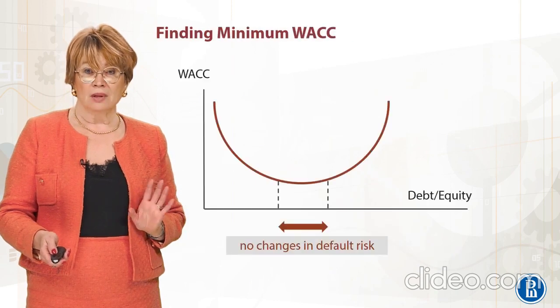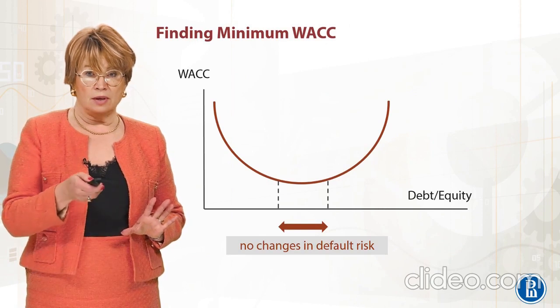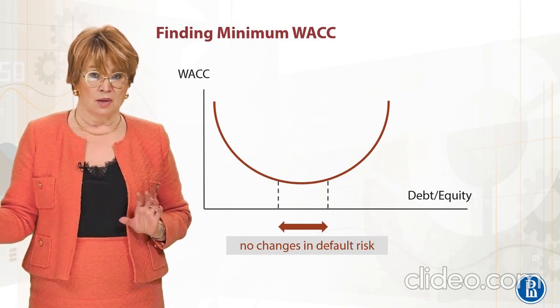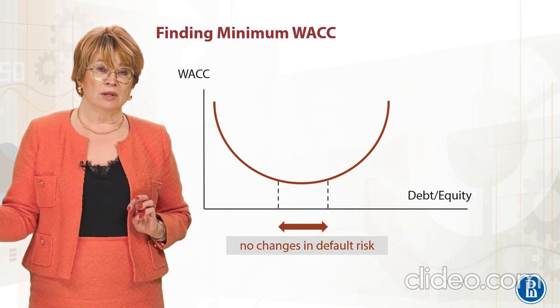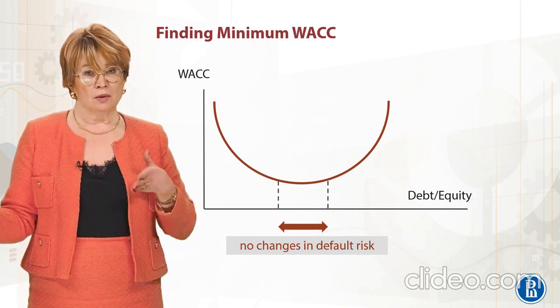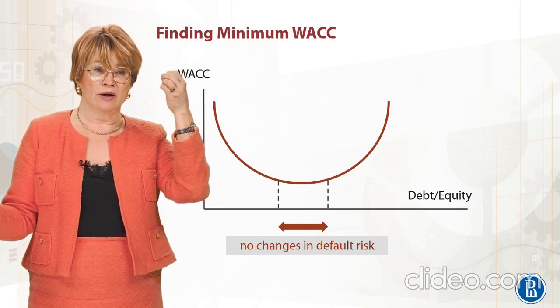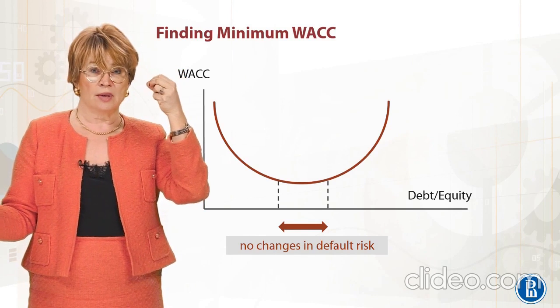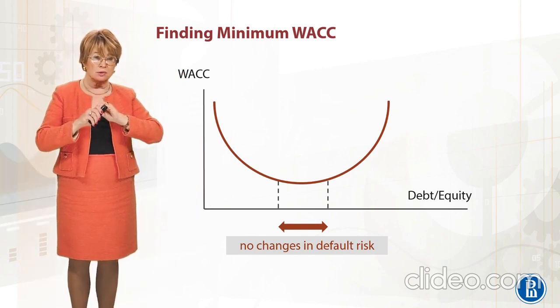And you will get to that type of a curve somehow. On the horizontal axis, you are moving to the right, increasing your debt to equity coefficient. On the vertical axis, you will get your new values for the weighted average cost of capital. This is according to the algorithm I showed you.